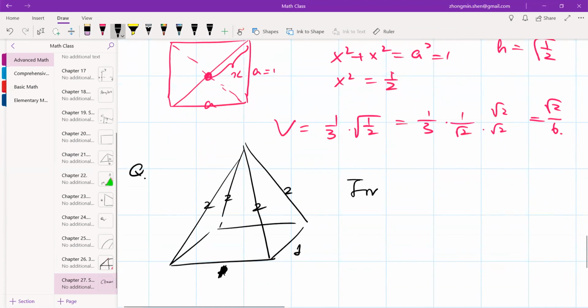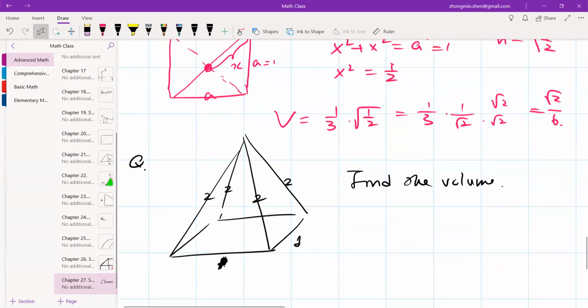Find the volume of this pyramid. Just do one more exercise if you did not get the right answer for the previous 2 problems. The base is a unit square.